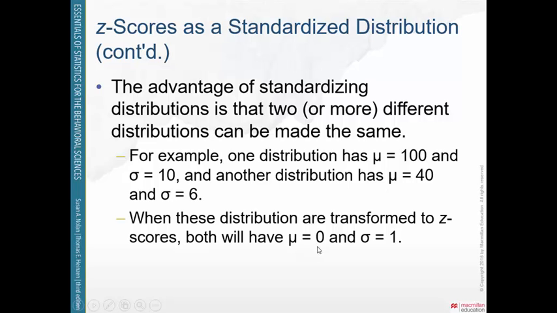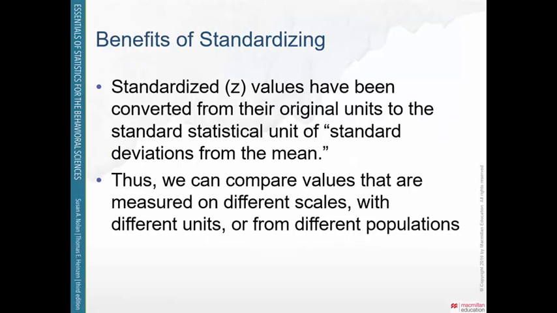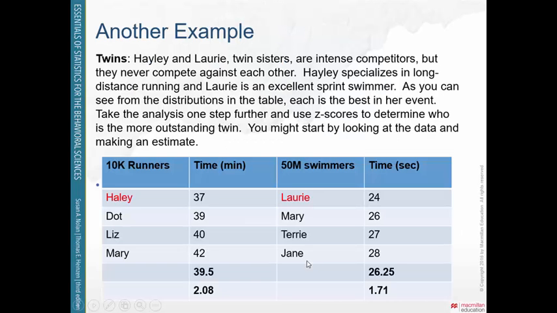They will both have a mean of 0, they'll both have a standard deviation of 1, and they'll both be made into standard deviation units, and you can compare. So standardized z-values are converted from their original units, and they are now in the unit of standard deviations from the mean, and we can compare values.